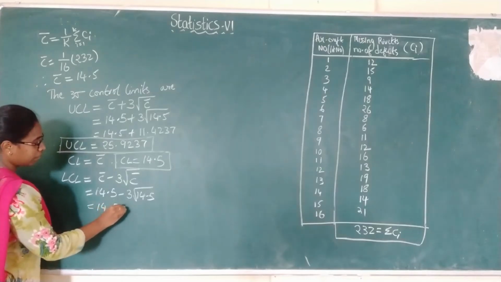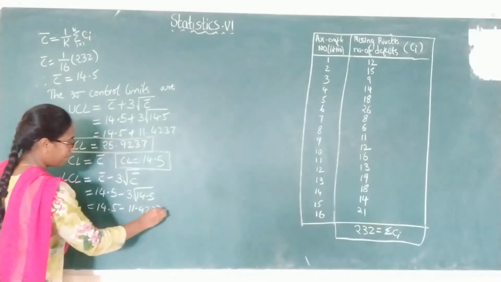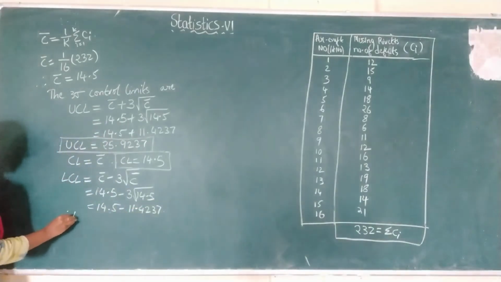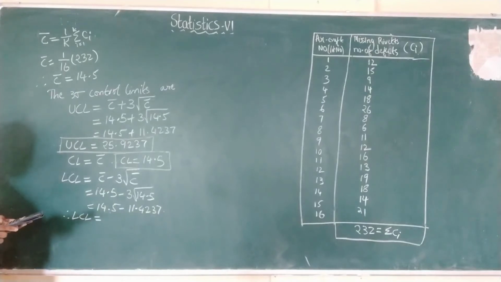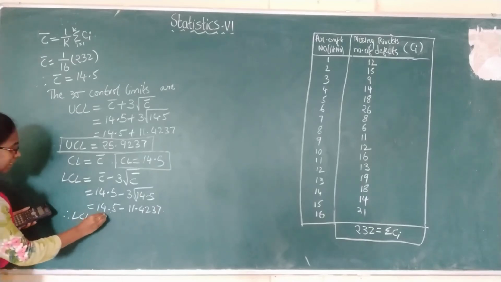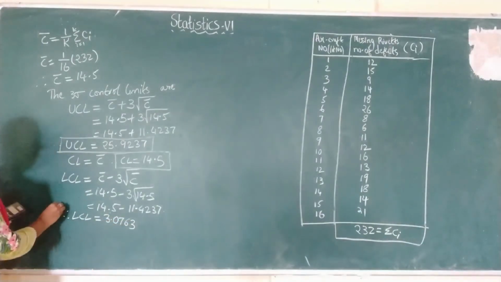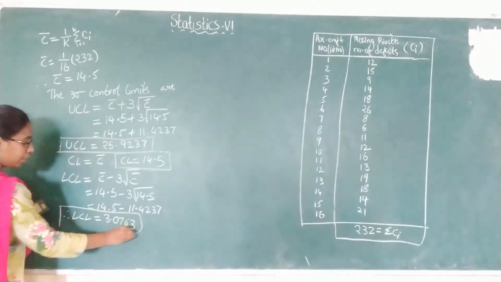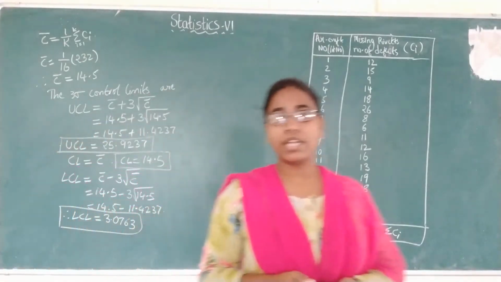So write that: 14.5 minus 11.4237. So the answer is 3.0763. So these are the required UCL, CL and LCL values for the given question.